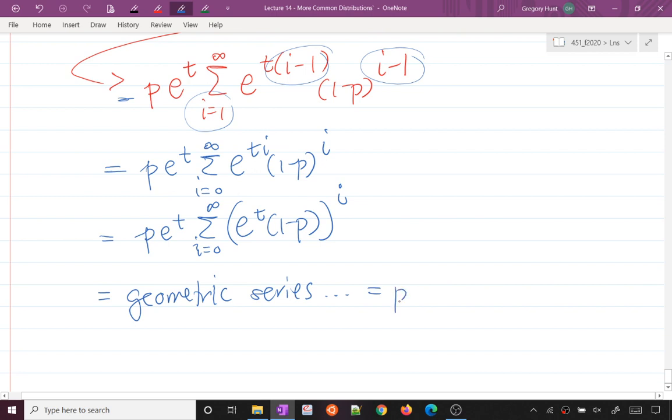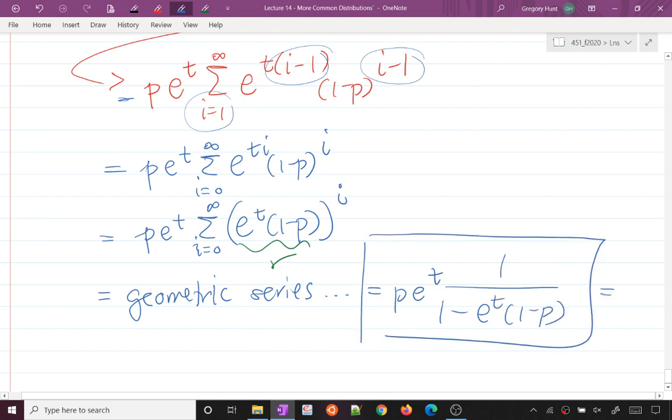That's going to allow me to say, of course, I have p e to the t on the outside, and then the geometric series says this is 1 over 1 minus r. In this case, my r is basically that. And so I will have 1 minus e to the t times 1 minus p. So that should give me my MGF.